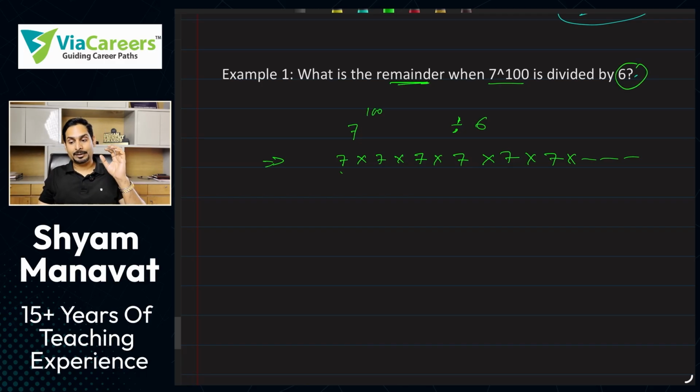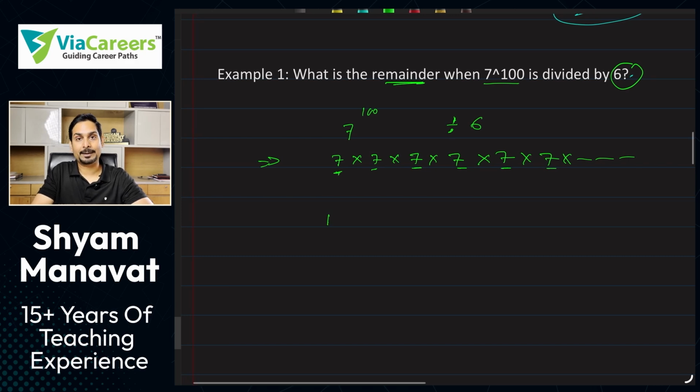As I said, if you need to find the remainder, only focus on the remainder, right? If I take each of these numbers individually and divide by 6, what will I get? Every 7 when divided by 6 gives remainder 1, right? So focus on the remainder, don't worry about the quotient.